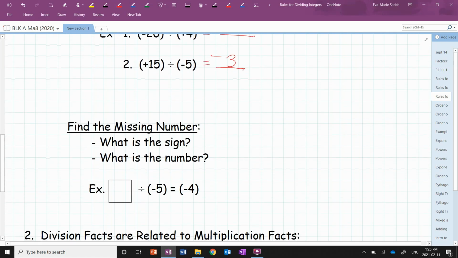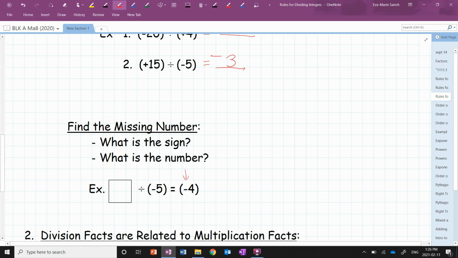Okay? Now, you are going to find some questions there that have what is the missing number or find the missing number. So don't forget, you have to find the sign and the number. So just think about it. When you're dividing, if the signs are the same, it's positive. If they're different, it's negative. We've got an answer that is a negative.